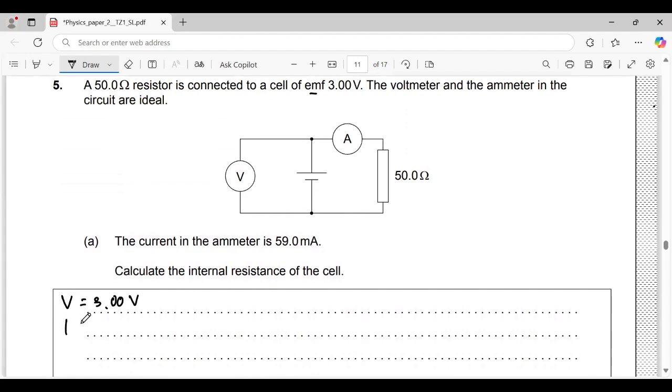And the current I is the current of this circuit, and according to this information it is 59.0 milliamps. If we convert into amps, it becomes 0.059 amps. So I would like to use this number.